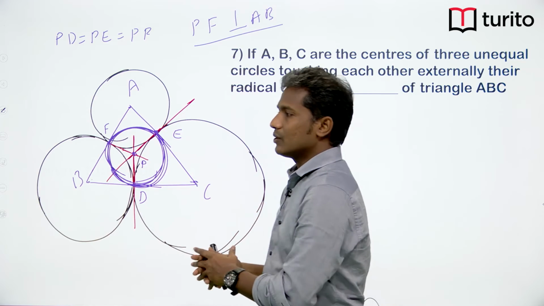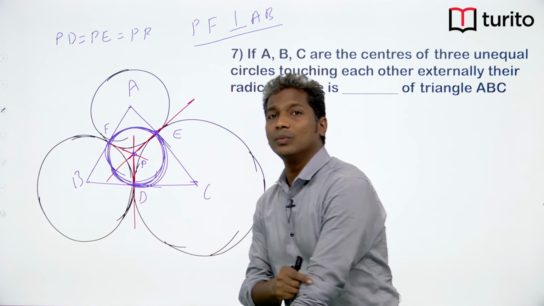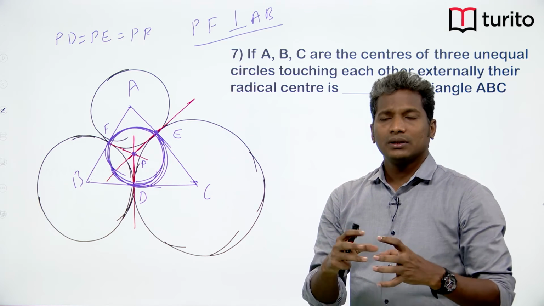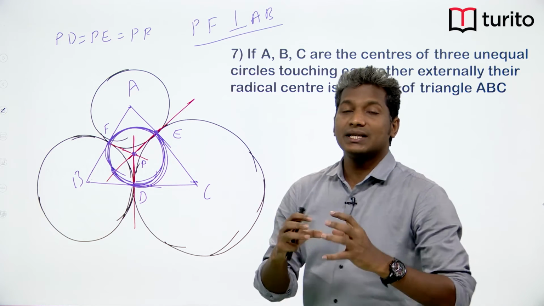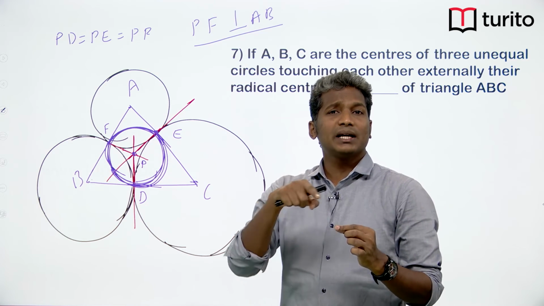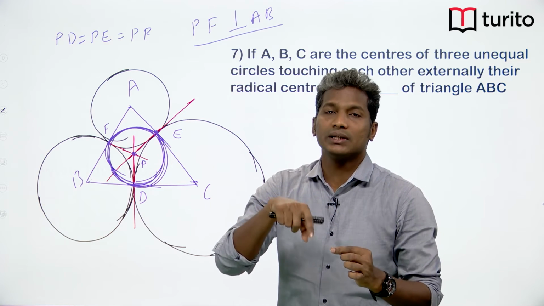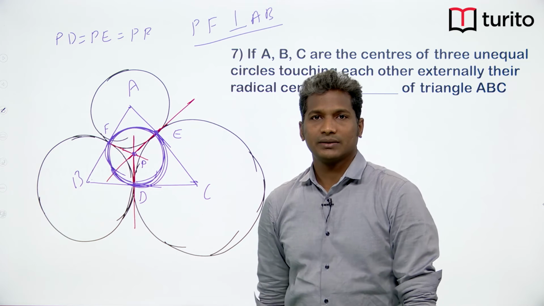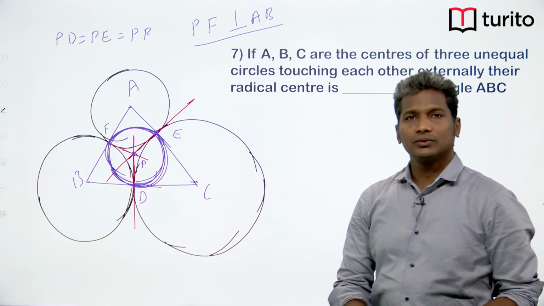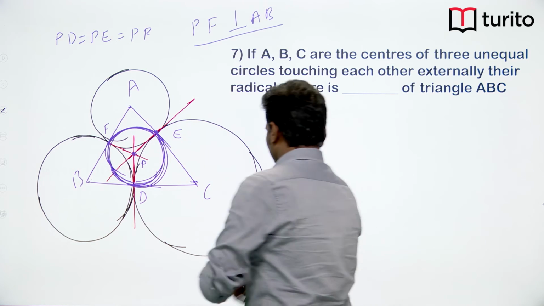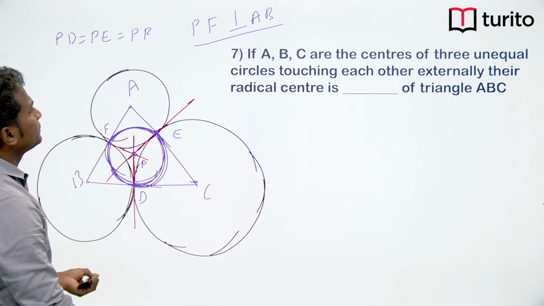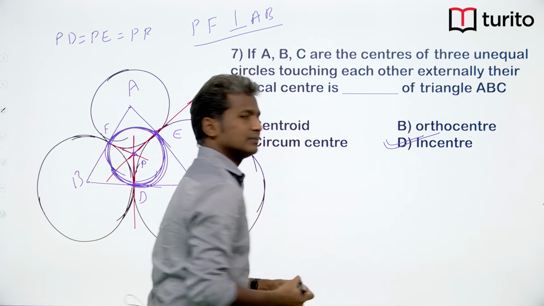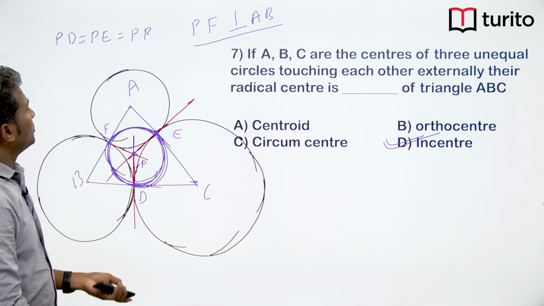So, in a way we can also learn from this problem that if three circles are touching externally, then the radical circle of those three circles will be the incircle of the triangle formed by the centers. Okay. So, we can move on to the next. So, here the answer is going to be incenter. Okay. Now, we will move on to the next problem.